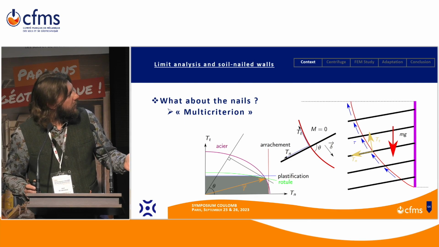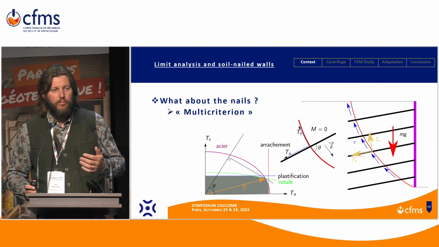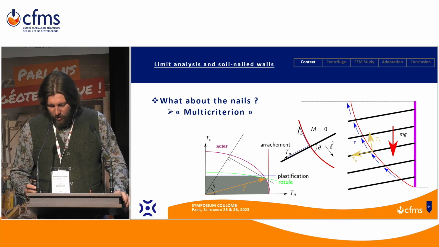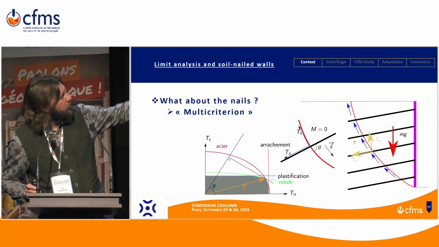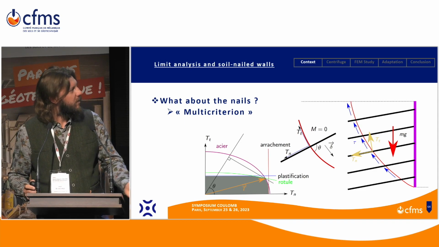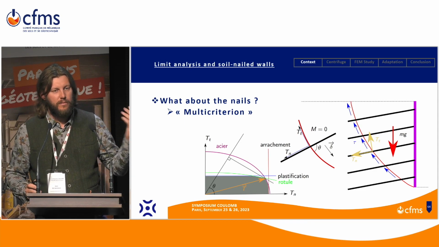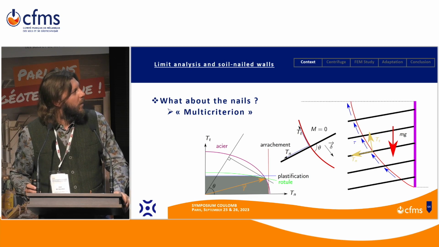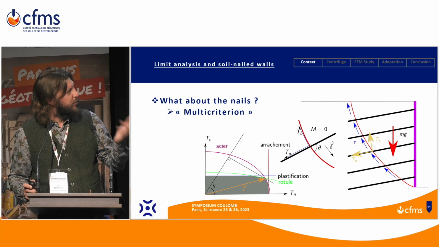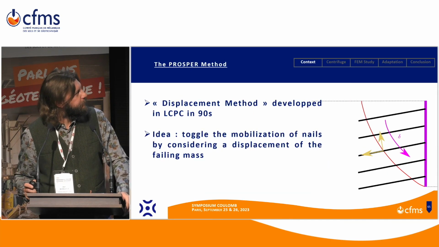To choose it, generally we use the principle of maximal work by Hill, which allows us to choose one couple on this failure surface. This is the way most simple software are deriving the tension in the nails.